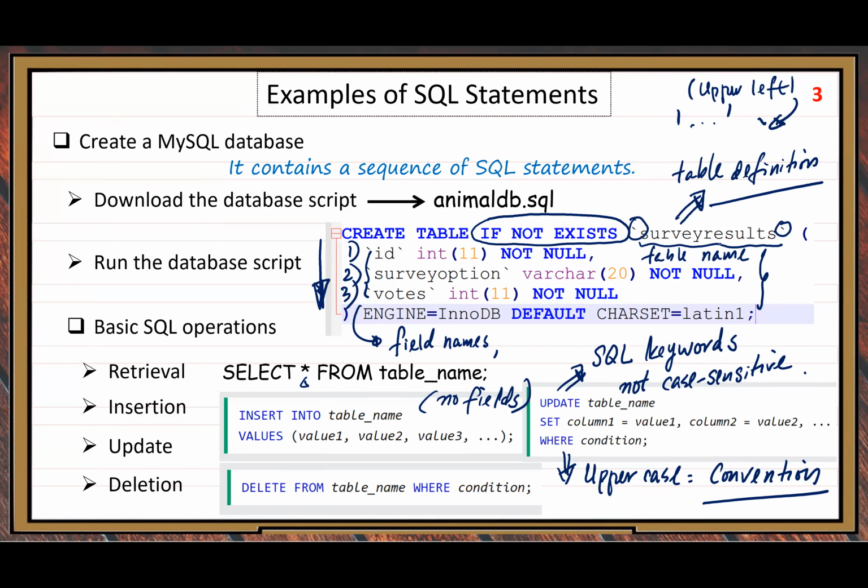In that situation, to avoid a syntax error, you use a pair of backtick symbols. Then it's like an escape symbol. So SQL will not interpret it as a keyword. SQL will treat it as just that particular string. Do not treat it as a keyword.